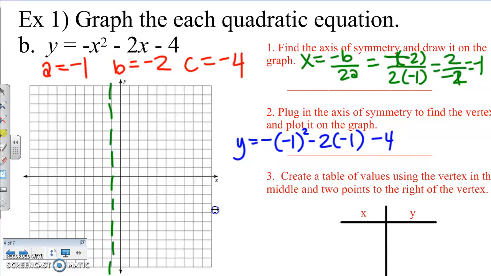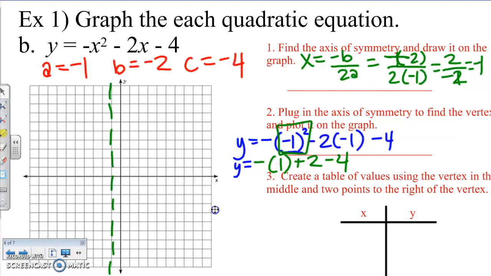Now we've got to use our order of operations here, so I'm going to do this in a couple steps. This part that's in parentheses, -1 squared, that's going to give me a positive 1, right? Because this is saying -1 times -1. But there's another negative out there. So this is sort of like negative, and then in parentheses I came up with 1. And then -2 times -1, that's going to be a positive 2 minus 4.